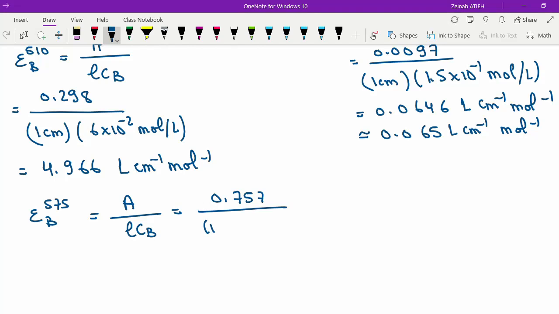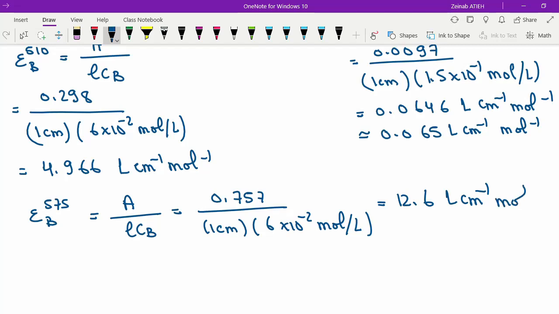It's the same for all cases. It was given in the problem. CB is the concentration, same as here, 6 times 10 to the power minus 2 mole per liter. We will end up with a final answer of 12.6 liter centimeter minus 1 mole minus 1.